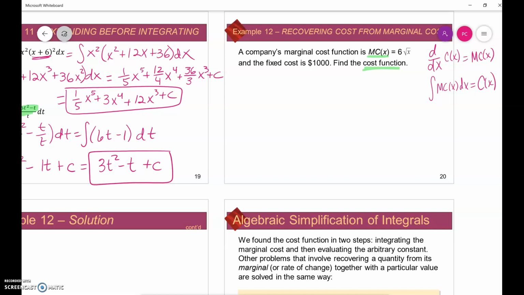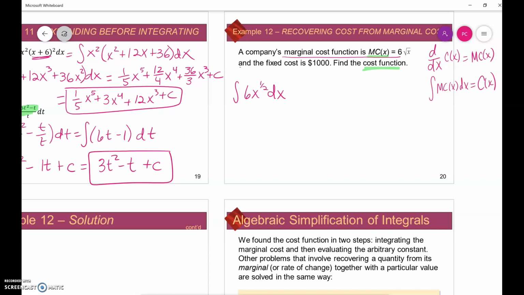Okay, those are inverse. So if we take the integral of this marginal cost function, so that's 6 times the square root of x, and I'm going to go ahead and write that as 6x to the 1/2. Since there's just one term, you don't necessarily need a parenthesis. So 6x to the 1/2 dx. Knowing I need to find the cost function, I'm going to take that integral.